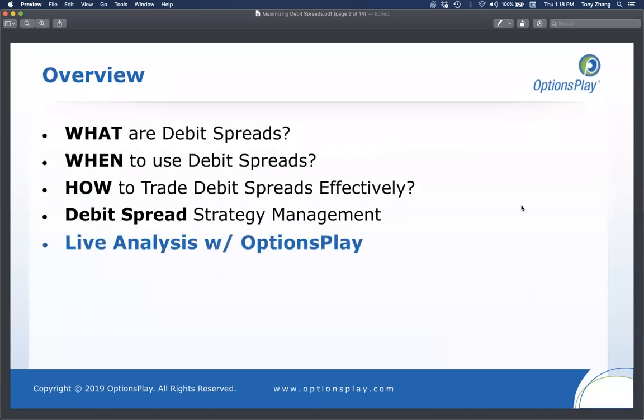So let's go ahead and get started. I'm going to start off by doing things fairly simple. I'm going to keep things really simple by talking about what debit spreads are. And in order to understand debit spreads, I'm going to first explain a call and a put.